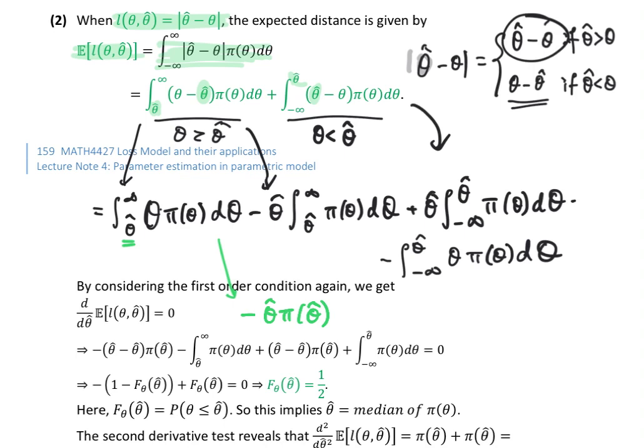Now for the second term, you first differentiate this term with respect to theta hat. Then this is what you get, and then you differentiate this one, and then you put in the theta hat inside. Similarly for the third term, you also do the same thing.